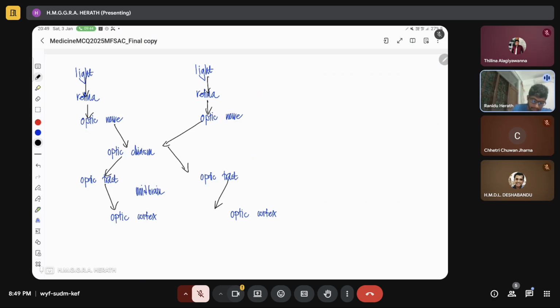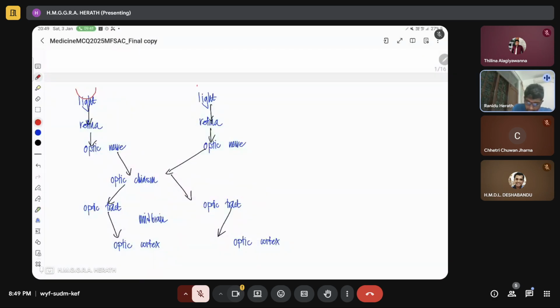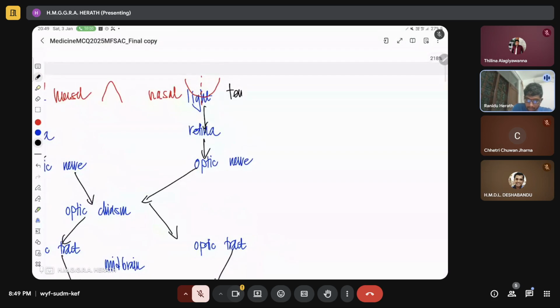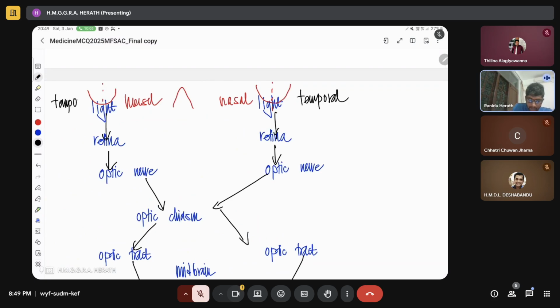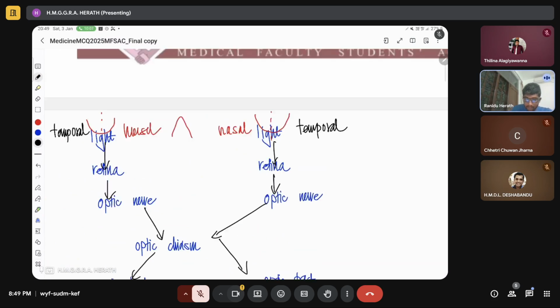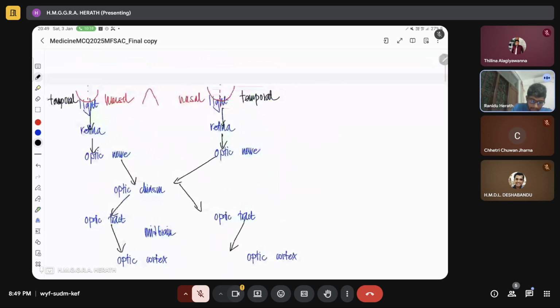Now you need to remember how the fibers decussate, because there are nasal fibers which come from the nasal half of the retina, the part which is closer to the nose, and then there are also temporal fibers which come from the temporal half of the retina. The temporal half of the retina carries light coming from the nasal half of the visual field, and the nasal part of the retina carries light coming from the temporal part of the visual field, right?